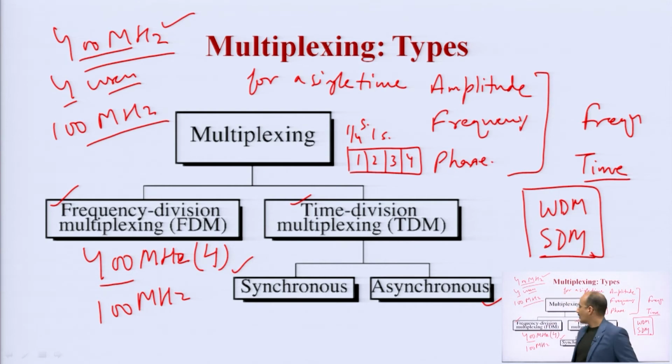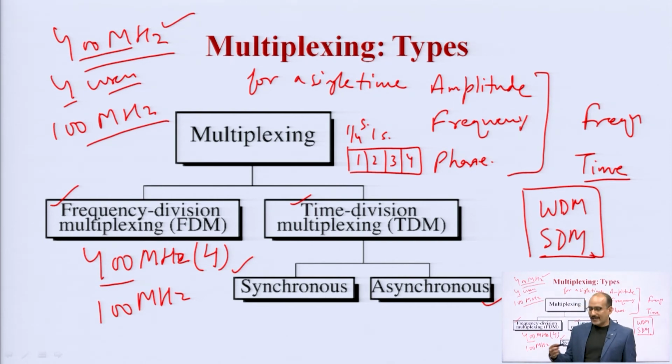In both arrangements you can see that in FDM a user can transmit data continuously, but in time division multiplexing a user will wait for its slot.